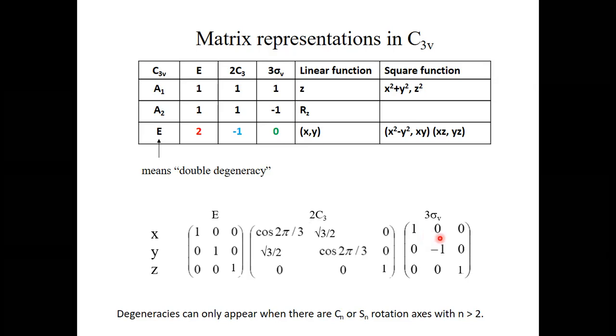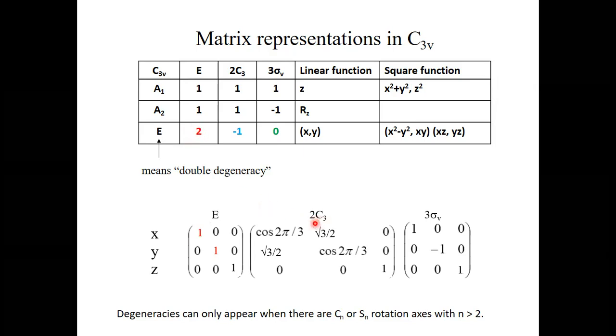Okay. So now, because of the double degeneracy of x and y, the character in the irreducible representation associated with E is now the sum of the characters on the trace of the matrix. So for the identity, this is 1 plus 1, and that gives 2.